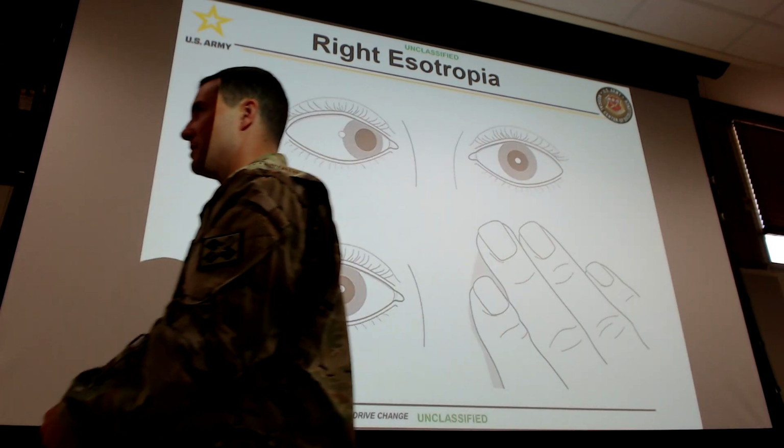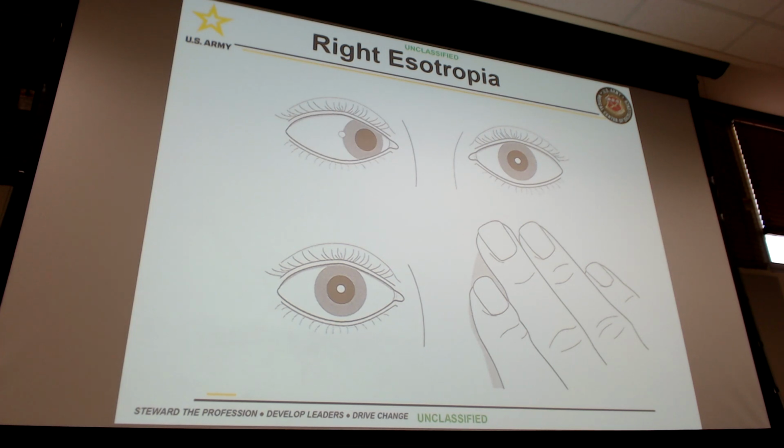So these patients will need a strabismus surgery. A lot of these strabismus surgeries are only done on kids because we're trying to prevent amblyopia from happening. Amblyopia is when a patient is not able to see 20/20 with any means of correction.